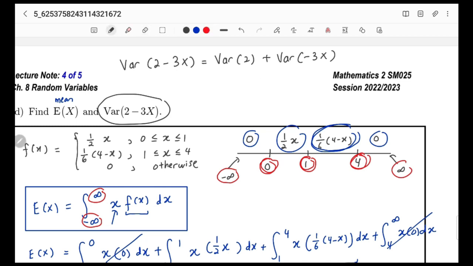And then by using the properties, variance 2 is equal to 0, whereas variance negative 3x, we're going to move out negative 3, but then put it square. So it's just 9 multiplied with variance x. So we need to find the variance x and then multiply it with 9.